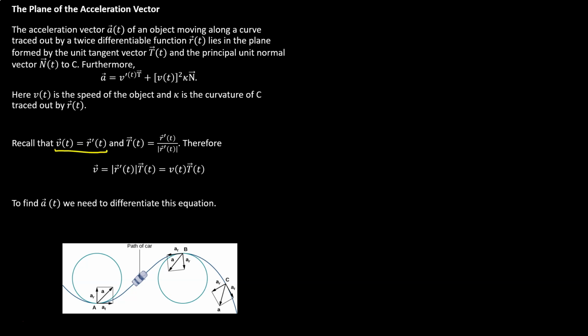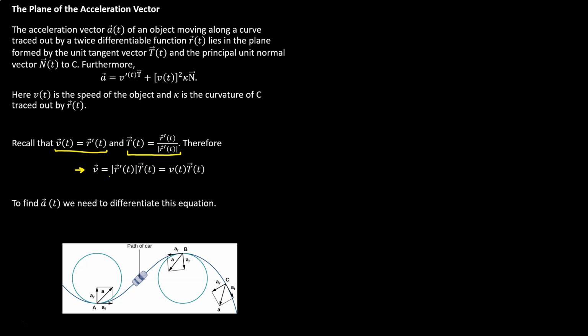We also know that the unit tangent vector can be calculated using the first derivative of our position function, r, and dividing off by its magnitude. With these two facts, we can create the following statement that says the velocity vector is equal to the magnitude of the first derivative of our position vector times the unit tangent vector.